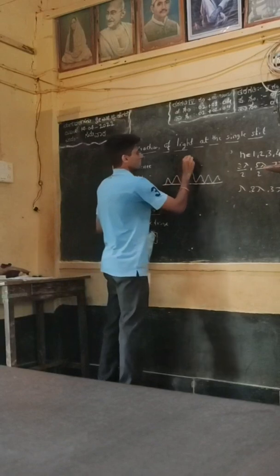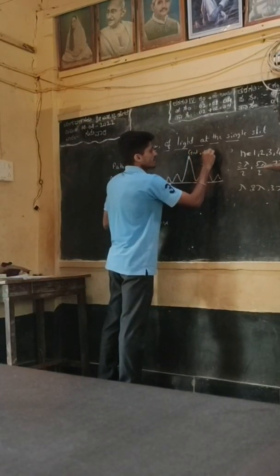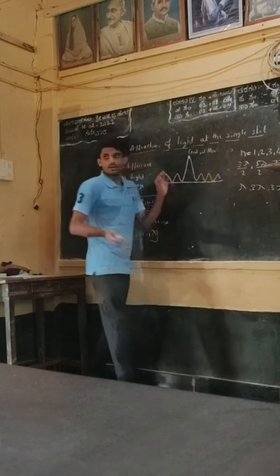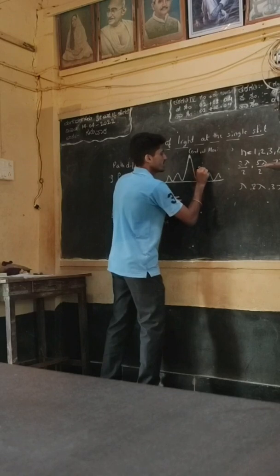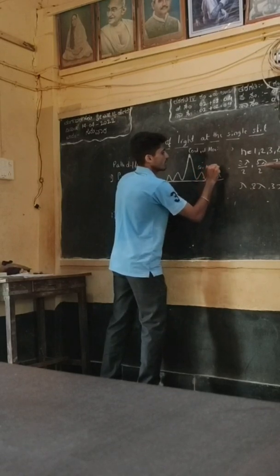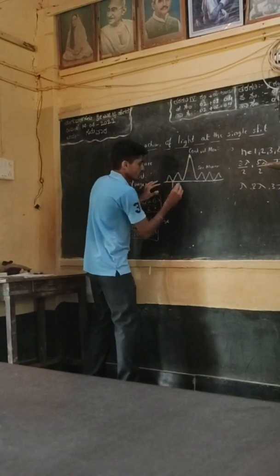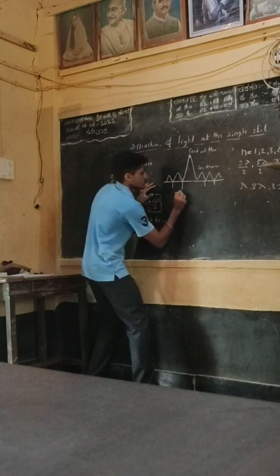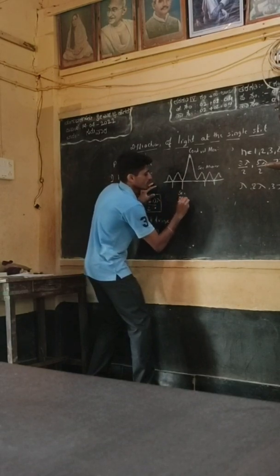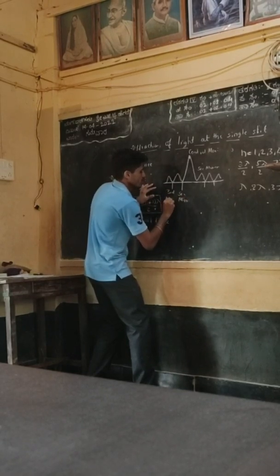Here, this is called the central maxima, which is a bright fringe, and this is a secondary maxima, again a bright fringe. The lowest troughs are the secondary minima, and this is the third minima.